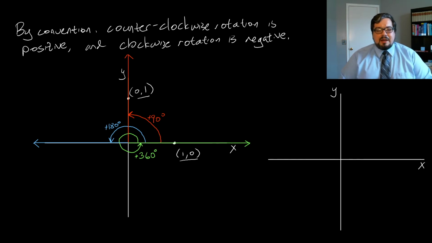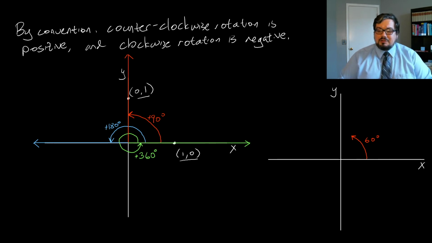Well, we can think about where the various angles that we've already identified are. The vertical y-axis is 90 degrees, and so 60 degrees is less than 90 degrees, so 60 degrees would be somewhere here.